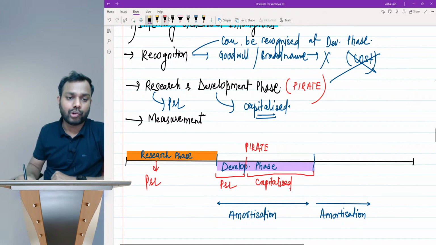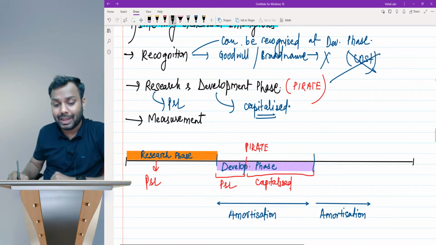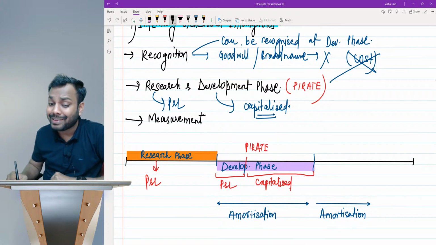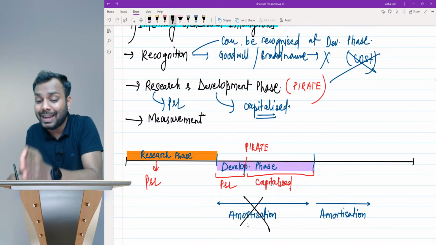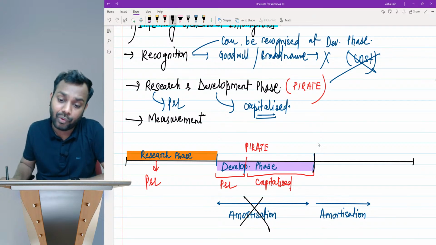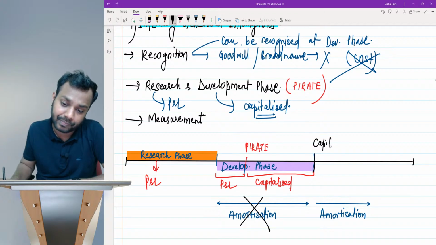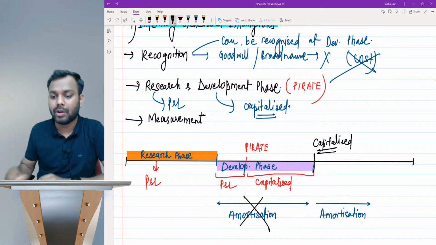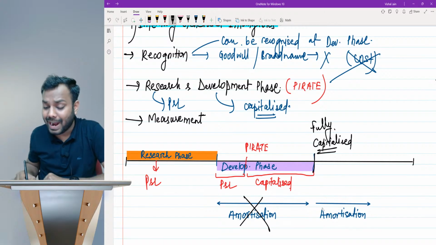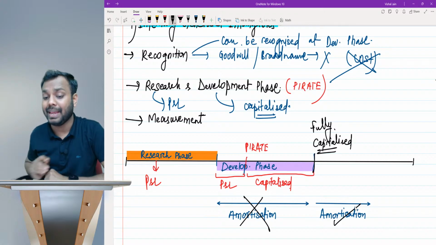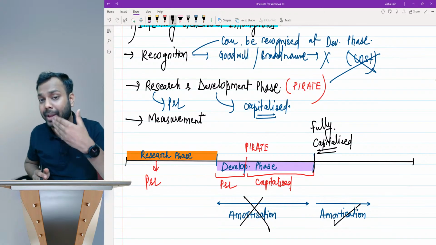Now the question is, in this period of capitalization, can I amortize the asset? No, I cannot amortize the asset. Once the asset is fully capitalized, then from that date the amortization will begin.